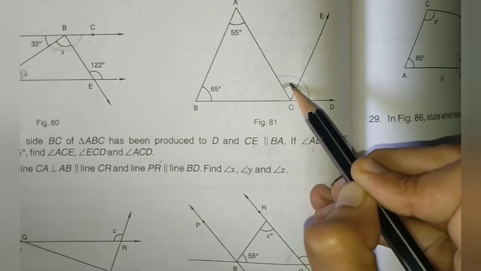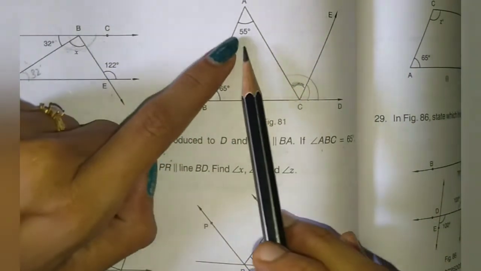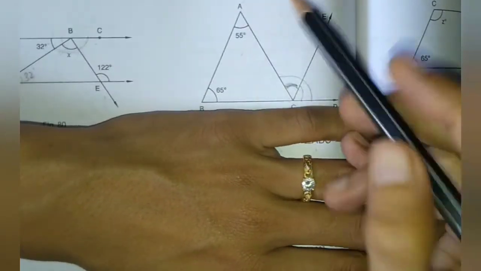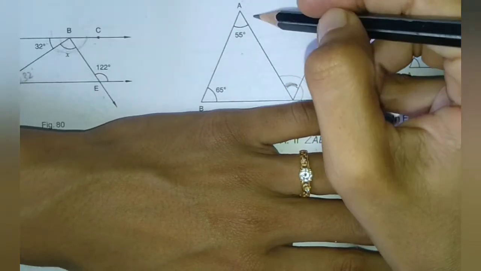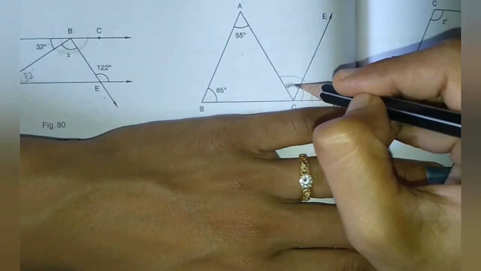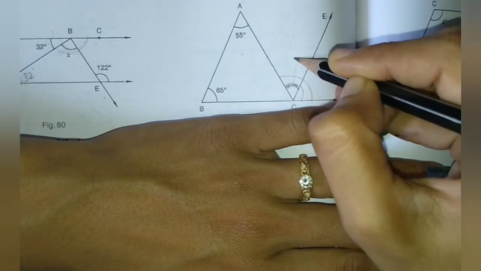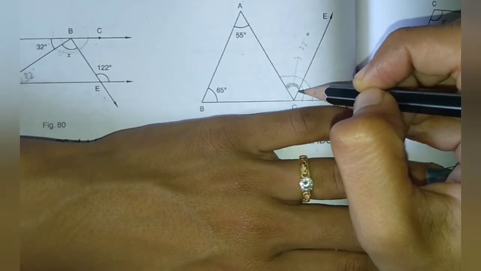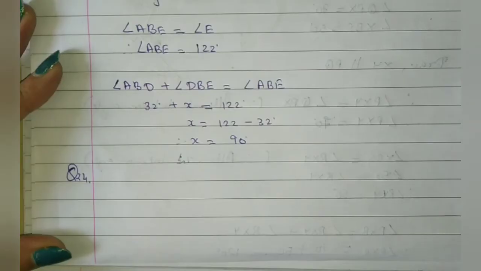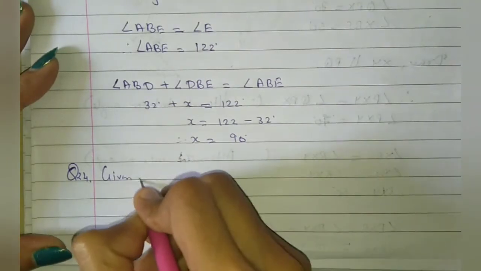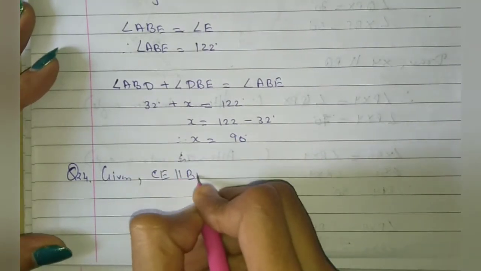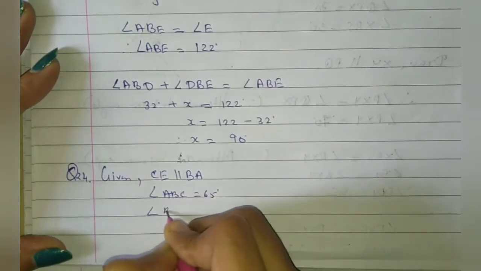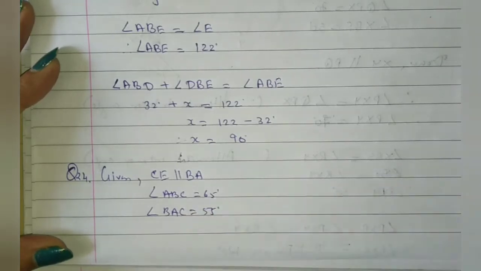Now here we can find like this way. These two are parallel lines, so this is transversal line. If this is 55, so we can say this angle is 55. Why? Because alternate interior angle. So let us write that. Given CE parallel to BA, angle ABC equal to 65, angle BAC equal to 55.